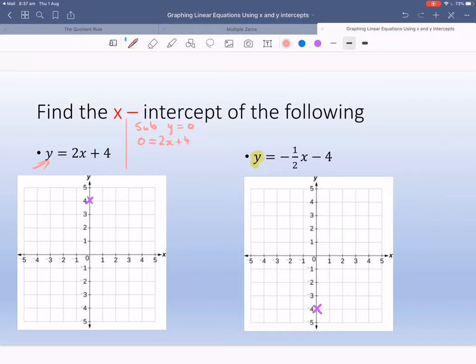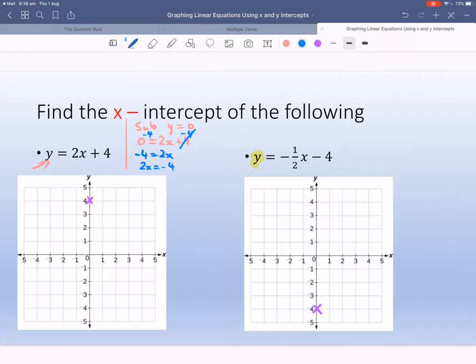Now all we need to do is use our algebra skills to find the answer. The furthest thing away from the x on the same side of the equal sign is +4, so I need to undo that. What's the opposite of +4? -4. And I have to do that to the other side. So I'm left with -4 = 2x. Now I'm going to flip that over because I like the x on this side: 2x = -4.